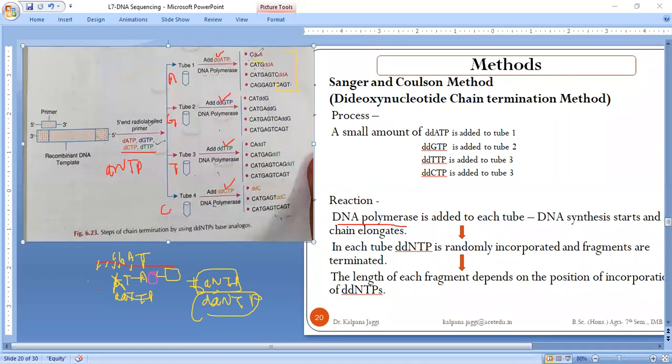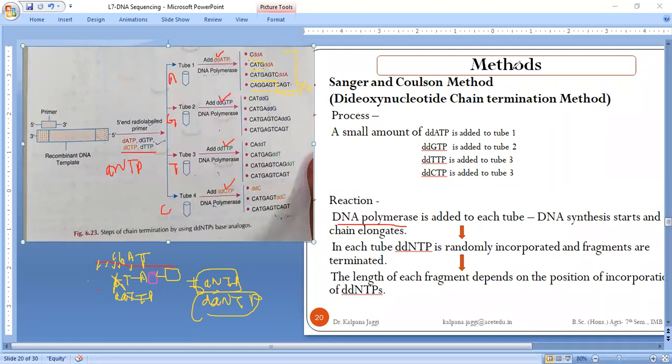If ddA got attached in the very beginning, then the chain elongated only up to the addition of 1 nucleotide. Then there may be chances that it is incorporated after 4 nucleotides, or after 7 to 8 nucleotides, or it is no more getting attached and the chain elongation is taking place normally.